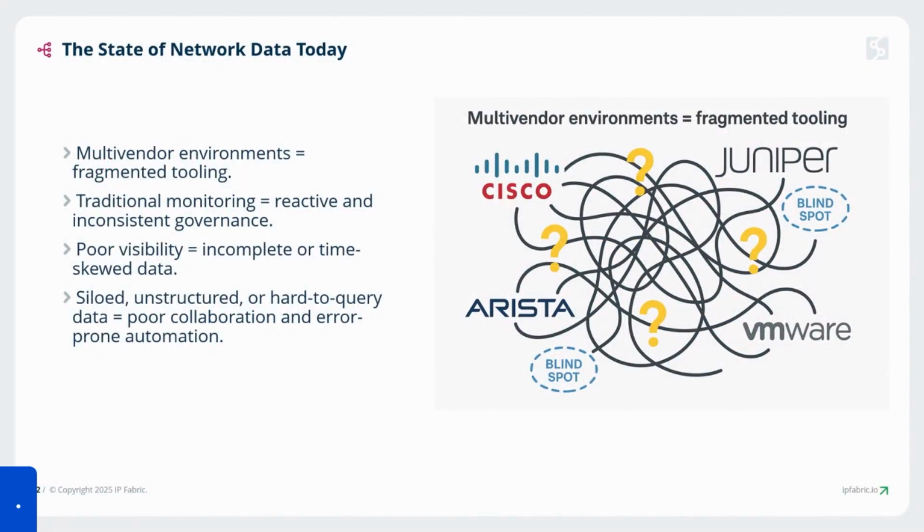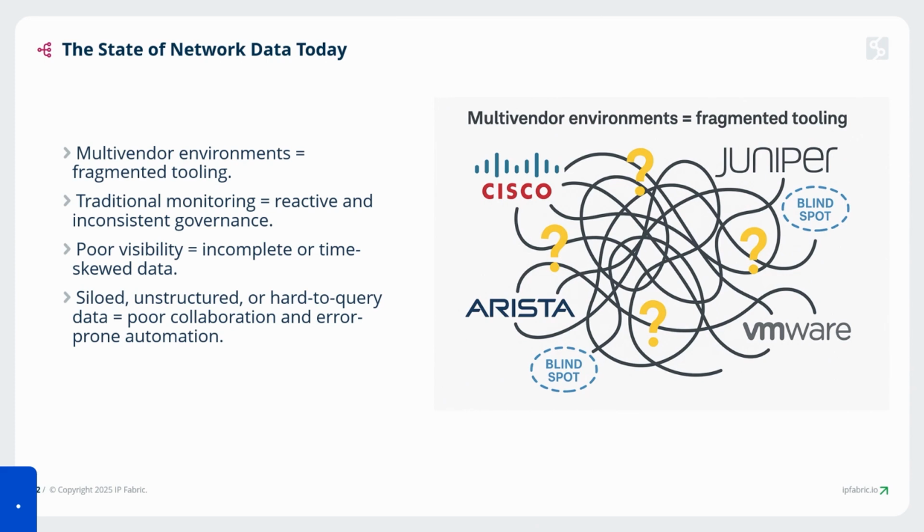All right, so first, we're going to talk about the state of network data today. Oftentimes in our modern environments, we're dealing with multiple vendors, whether those are on-prem or in the cloud, different vendors for routing, switching, wireless, firewall.